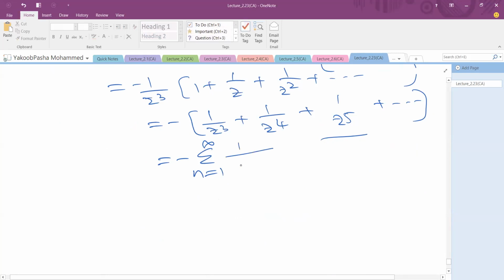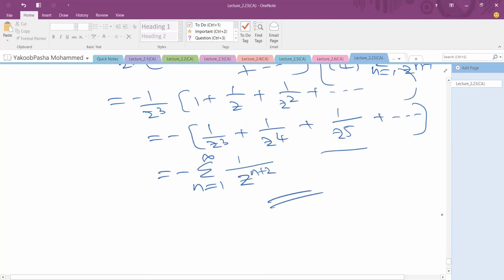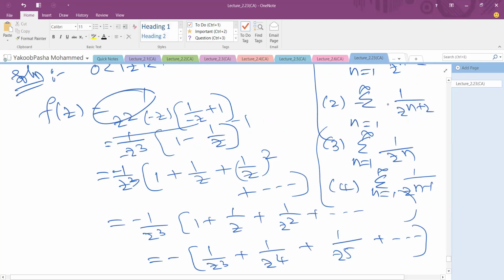The denominator is z power n plus 2. N equal to 1 gives 3, n equal to 2 gives 4, n equal to 3 gives 5. Okay, so this is the right option: minus summation n equal to 1 to infinity 1 by z power n plus 2.